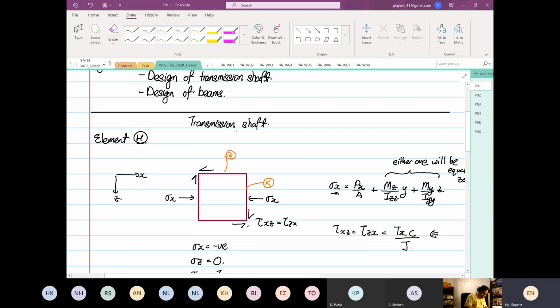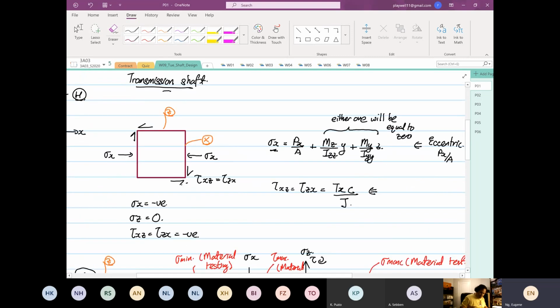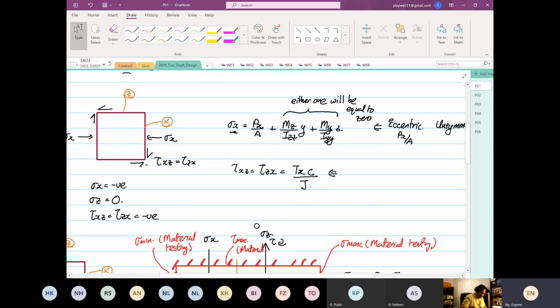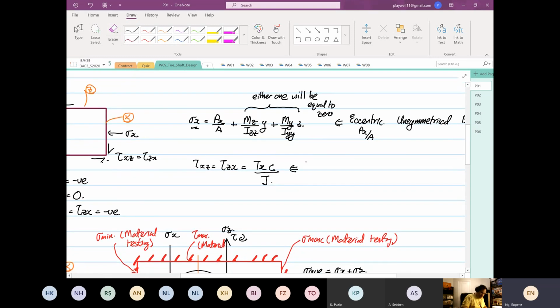And then the shear stress is equal to T in the x direction, C divided by J, and this is induced due to the torque.